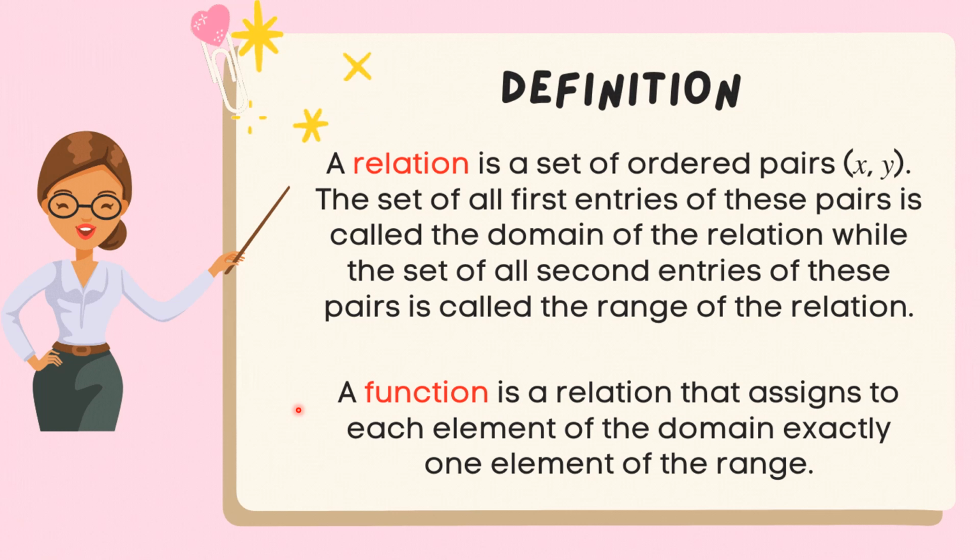A function is a set of ordered pairs such that no two ordered pairs have the same x value but different y values. So it is a function if there's no repetition of domain. Otherwise, pag may na-repeat ng domain, it is no longer a function.